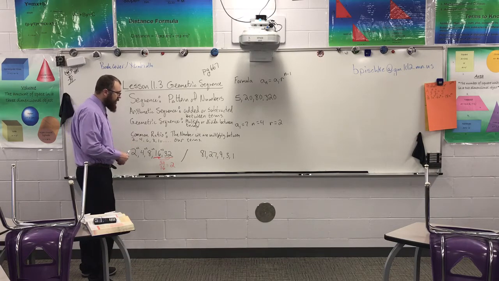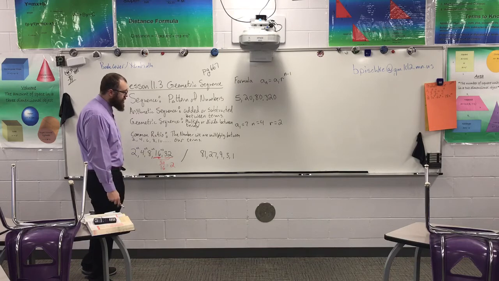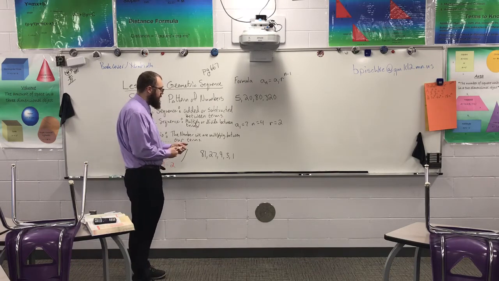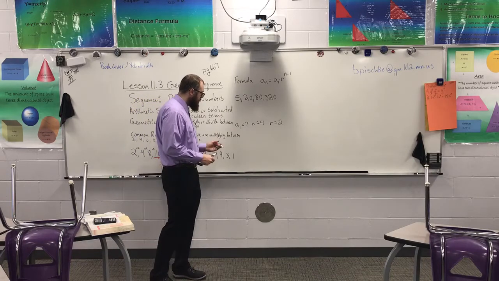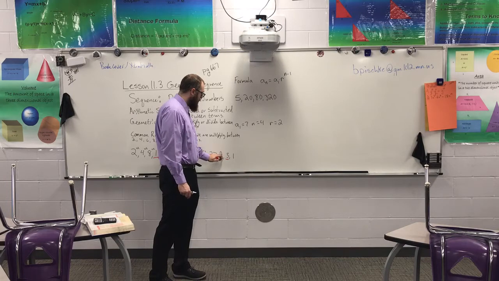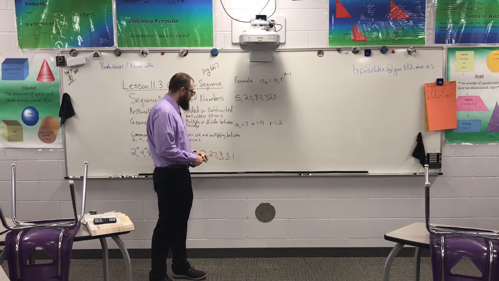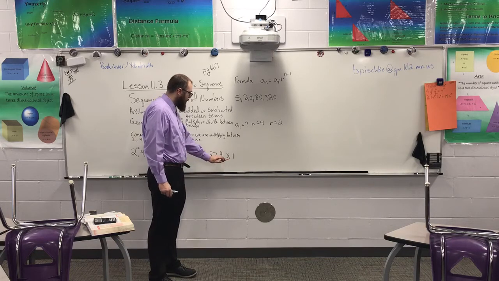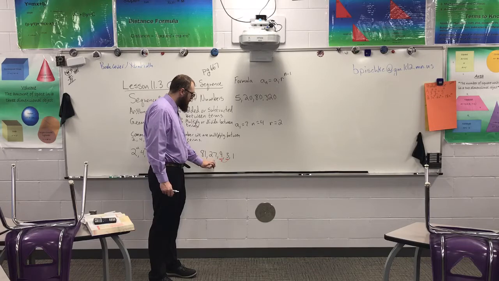Now over here I've written another geometric sequence where the pattern is a little bit harder to find. So I'm going to do the same thing. I want to know what my pattern is, or my common ratio. So I'm going to take any 2 values in the sequence, 3 and 9, and divide them backwards. 3 divided by 9.